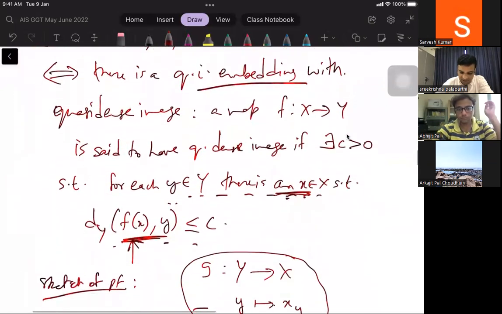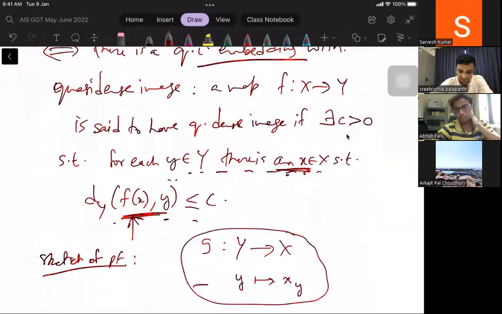This one, quasi-dense image. So how do you do that? This quasi-dense image.